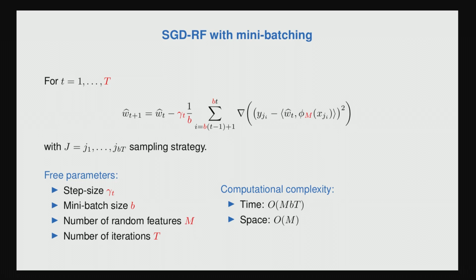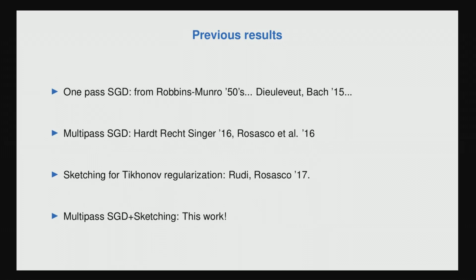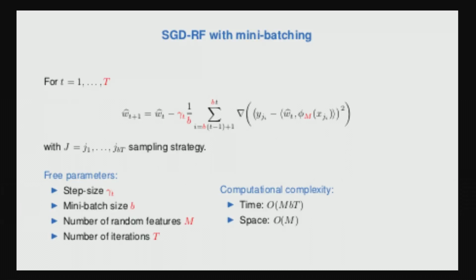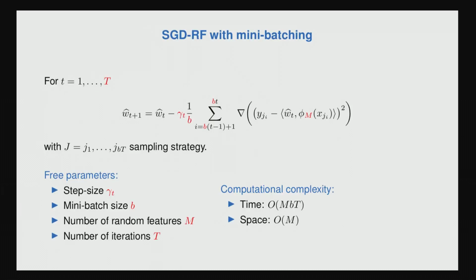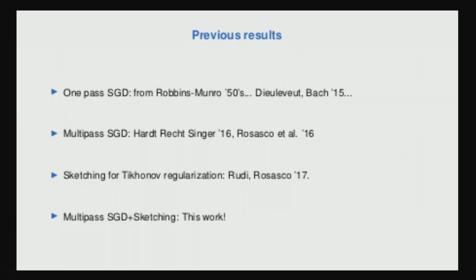So what I can observe is that the time complexity is in particular MBT, and the space complexity is M. So to get this work a little bit into the picture, people have studied in the past the statistical properties of single pass SGD, where you allow yourself to have T that is at most N, where N is the number of points, which means that I'm going to look at each point only once.